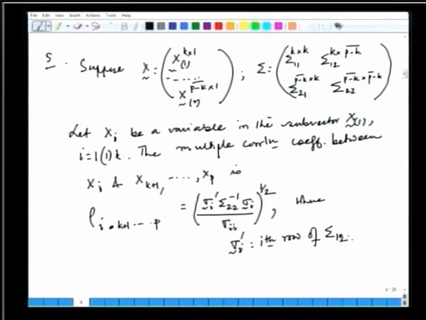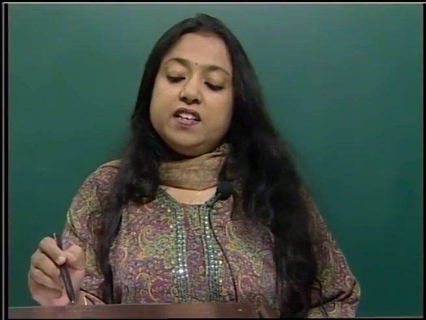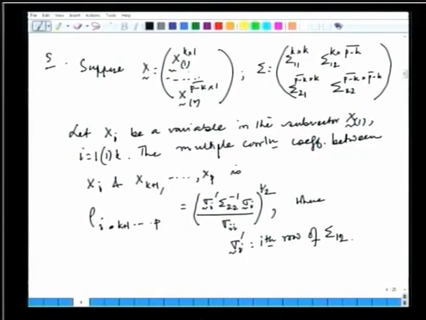So, this is how I can simply give the multiple correlation coefficient when not necessarily the first subvector is a scalar, it can also be a random vector. Just like here we have partitioned it in this case, so that there are k variables in the first vector, and I consider any one of the elements from here and consider its multiple correlation coefficient with the members of the other subvector of the remaining variables.